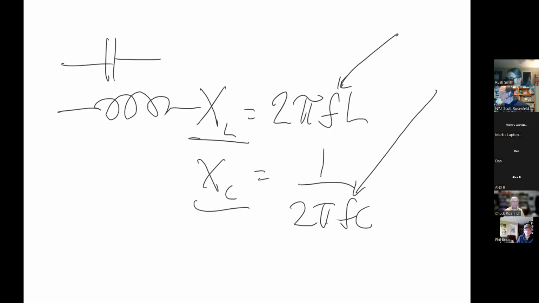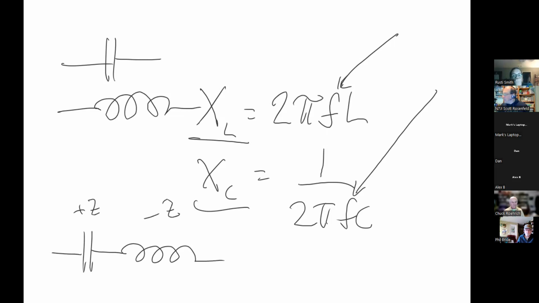The first of which is, it turns out that a capacitor has a negative impedance and an inductor has a positive impedance. If I were to draw them like this and put them in series, I'd have a positive here and a negative impedance here.